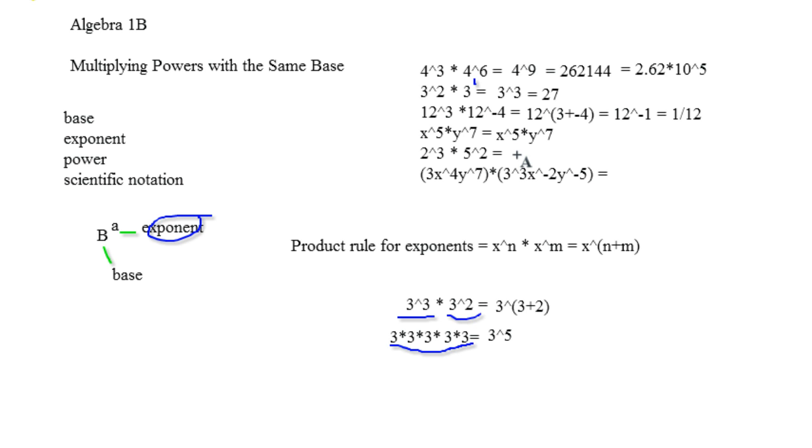If you don't have the same base, do not combine exponents. So this does not become 10 to the 5th, okay? This becomes 2 to the 3rd, which is 8, times 5 squared, which is 25, which turns into 200, okay? If you write it the other way, you're not paying attention to the rules. So we need the same base.